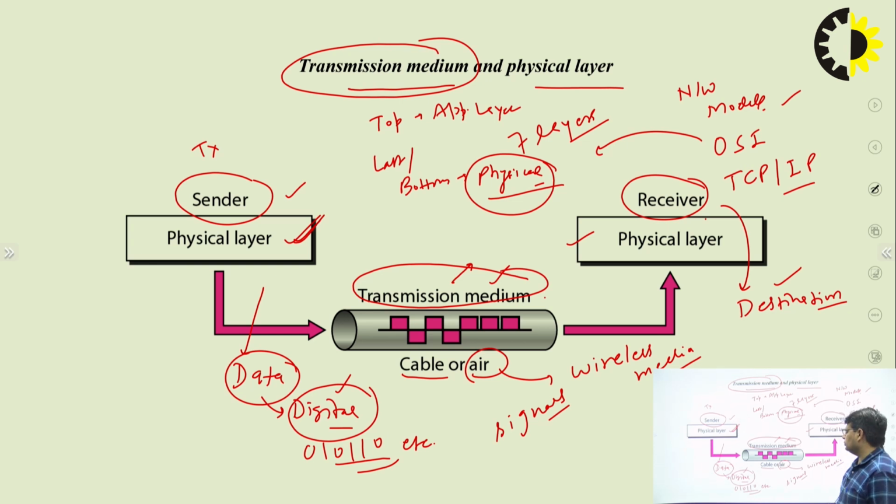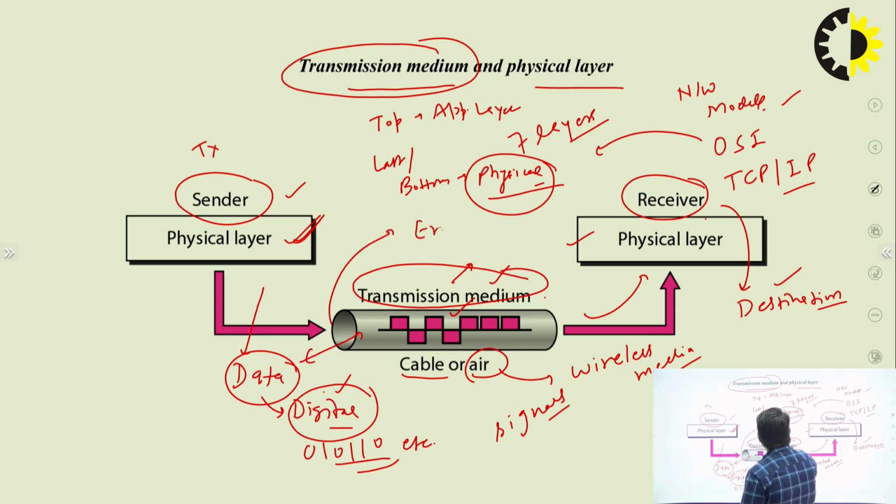The data is converted into the signal, the signal propagates through the transmission media, and at the receiving end the signal is converted back into the data. This process of converting data into a signal is represented using some kind of encoding.